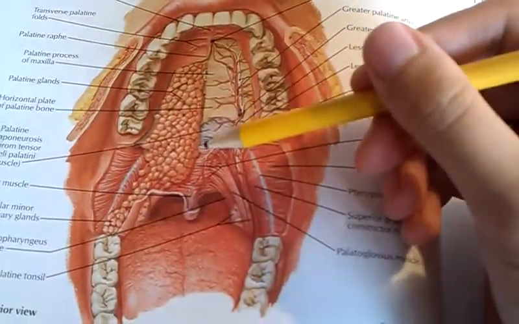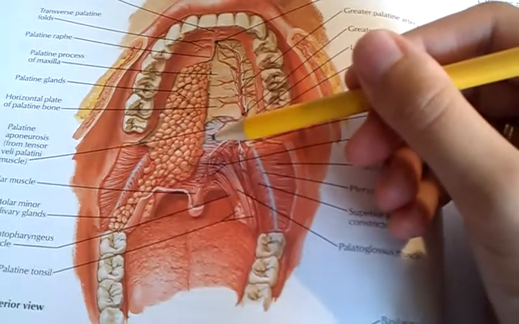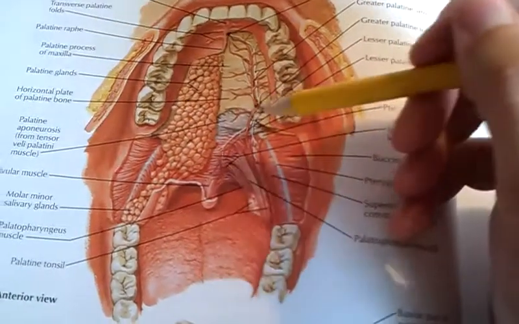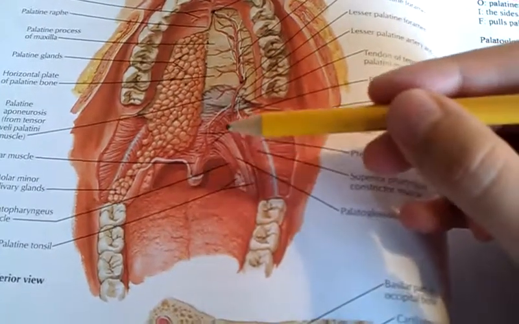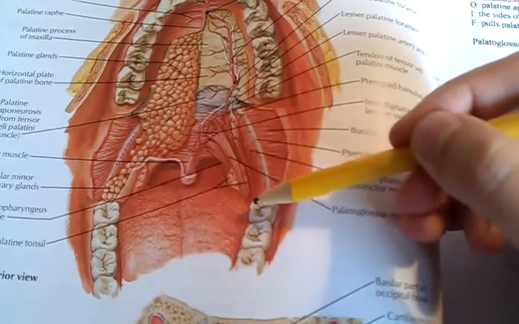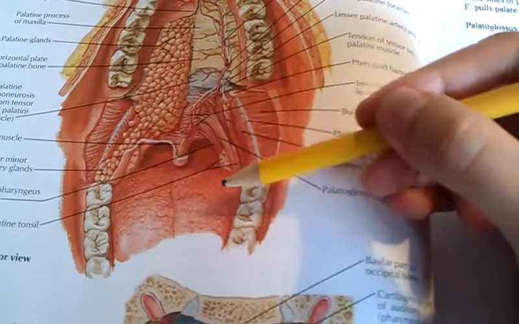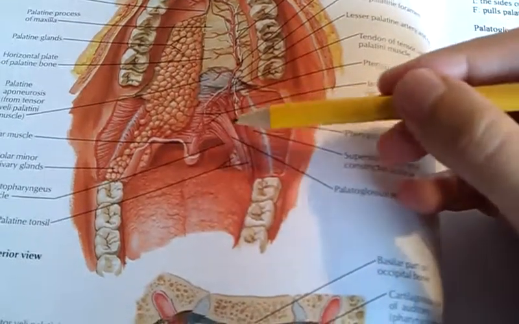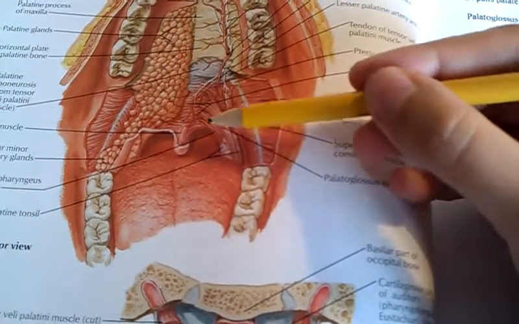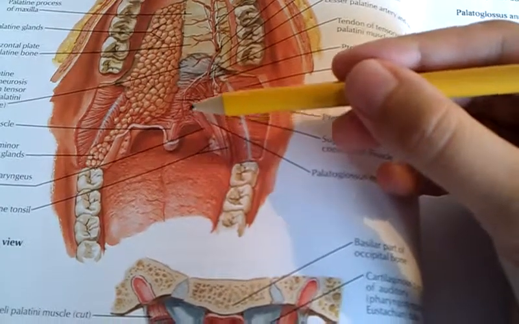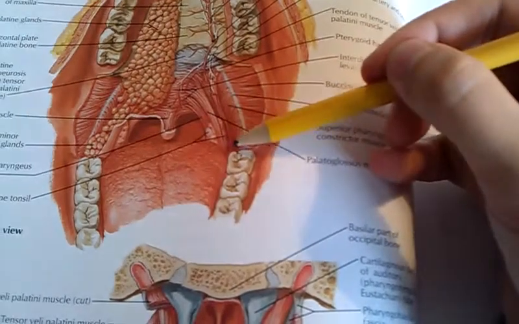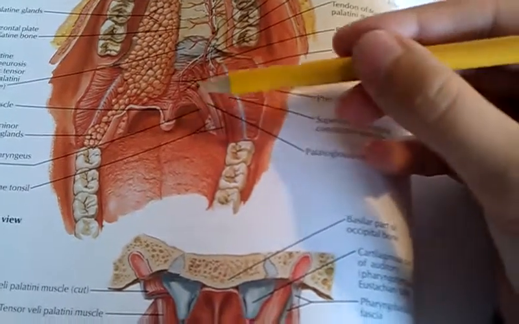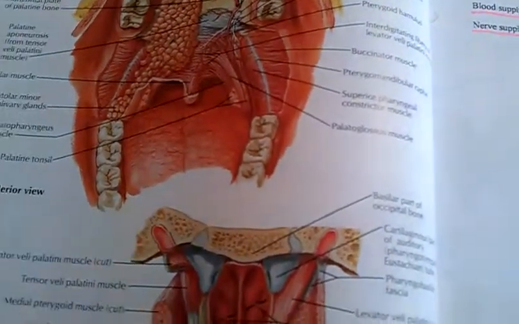The palatoglossal muscle originates on the palatine aponeurosis, which you can see here, and it inserts on the intrinsic muscles of the tongue, down here somewhere, and it pulls the soft palate downwards. And the palatopharyngeal muscle also originates on the palatine aponeurosis and inserts on the sides of the pharynx, and it also pulls the soft palate down.